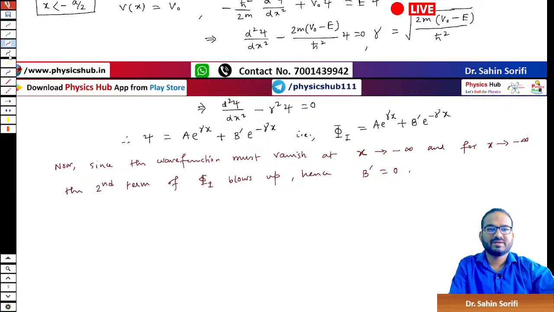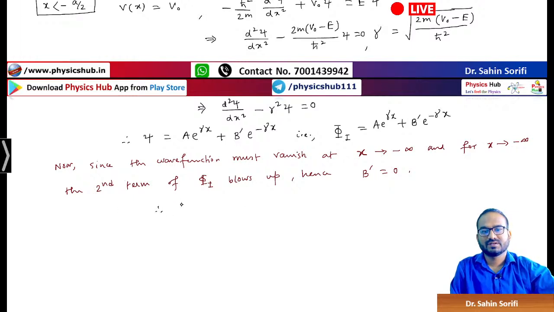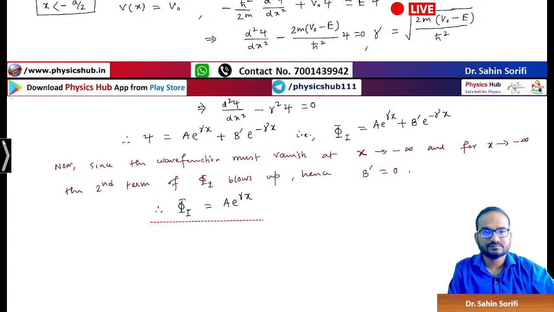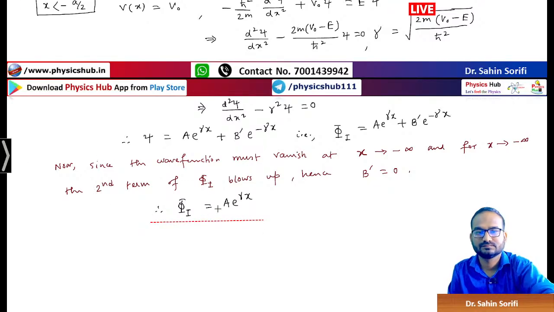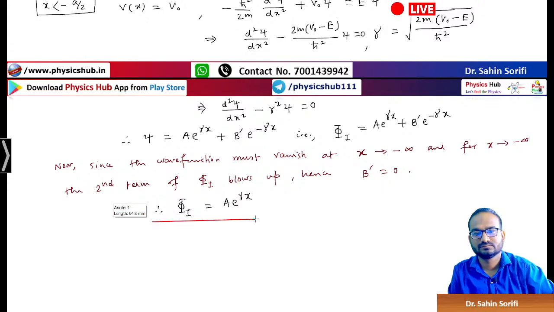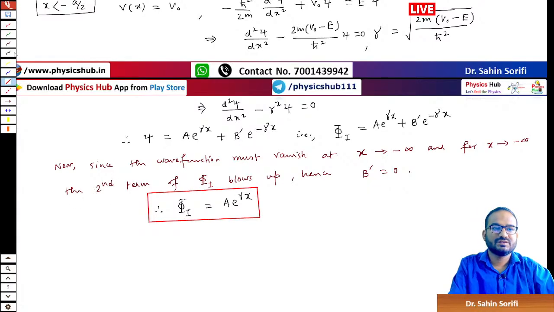So if b prime is equal to 0, the wave function in the first region is equal to a e to the power gamma x. Clear? So this is the first region we have calculated.